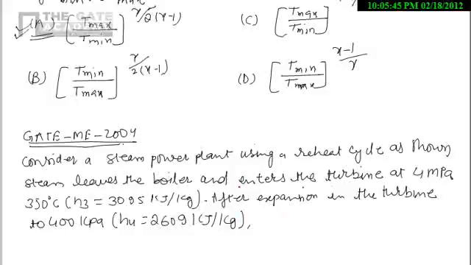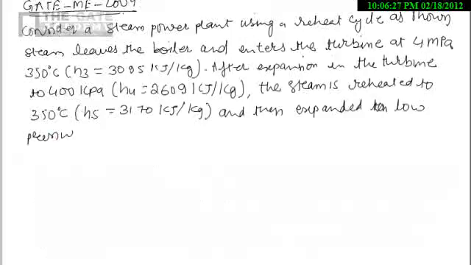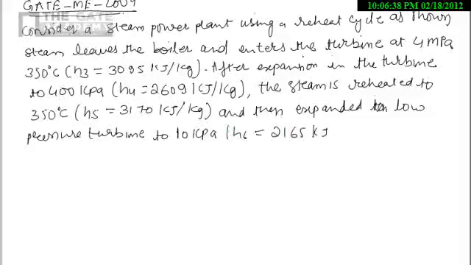The steam is reheated to 350 degrees centigrade, H5 equals 3170 kilojoule per kg, and then expanded in the low pressure turbine to 10 kilopascal. H6 equals 2165 kilojoule per kg.